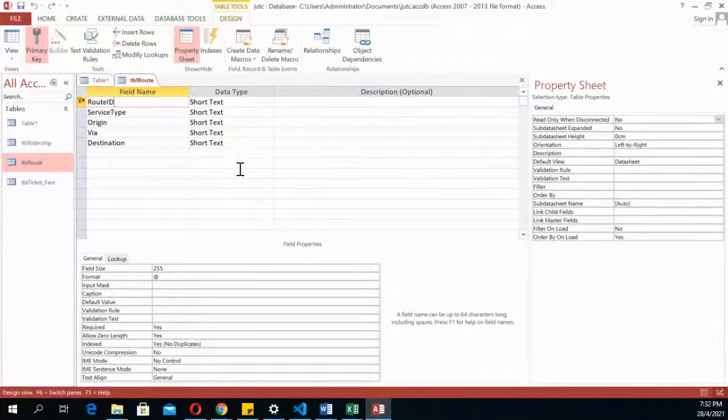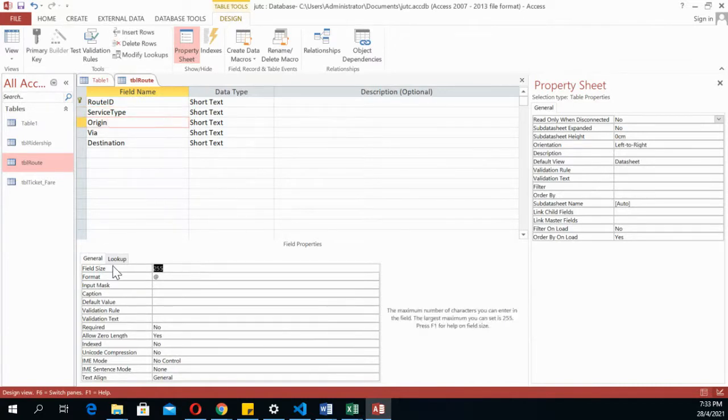But if you have the time, you're doing your exam as normal, you go through and make the adjustments. So this is supposed to be 4, and service type supposed to be 20. Origin supposed to be 30. Via 30. And destination 30. All of them required.